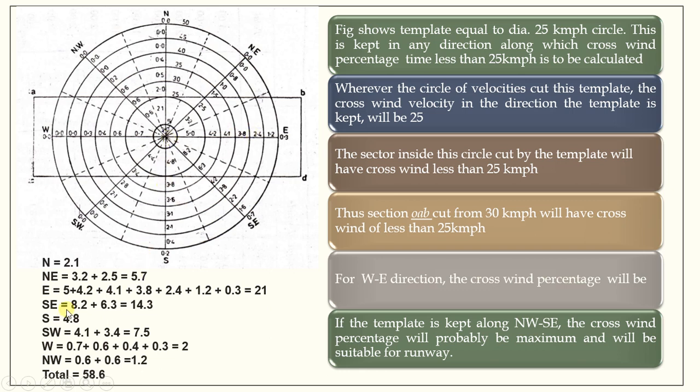For eastward, all these components are going to come: 5, 4.2, 4.1, 3.1, 3.8 sorry, 2.4, 1.2 and 0.3.